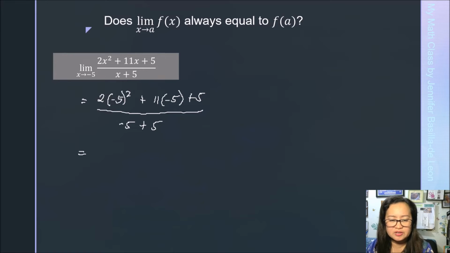Simplifying the numerator and the denominator, we arrive at 0 over 0.